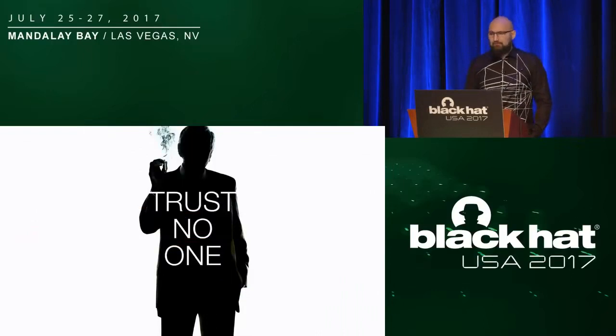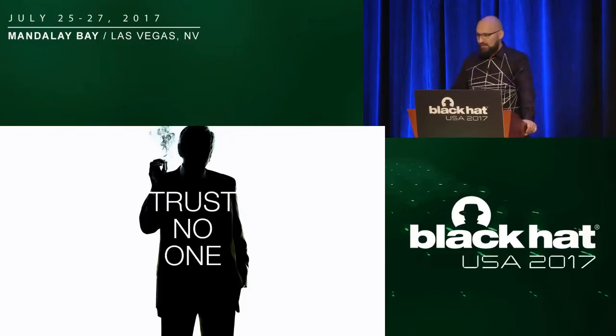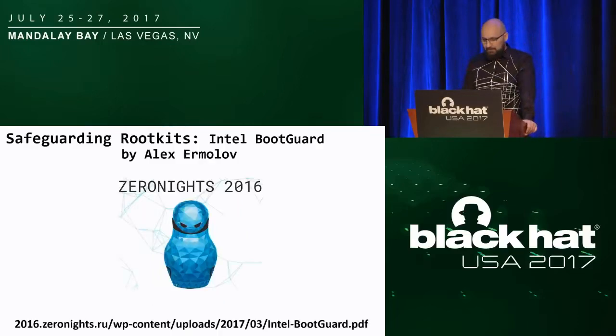But trust no one, because even if the vendor claims to have Boot Guard enabled, it can be a wrong configuration, which allows an attacker to bypass it and lock some rootkit inside your hardware forever, because it will not allow updates from the vendor anymore.